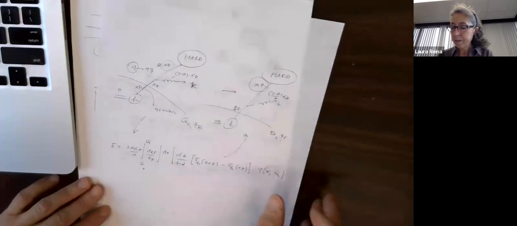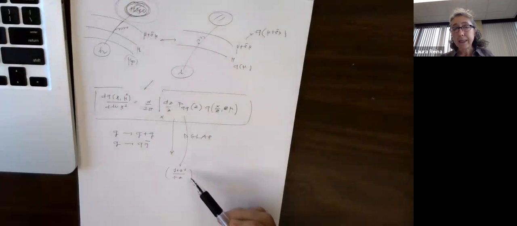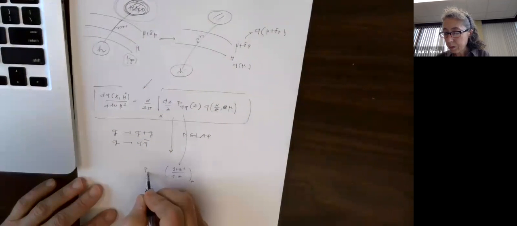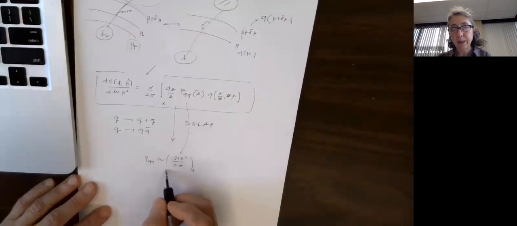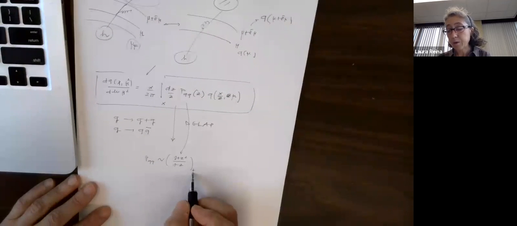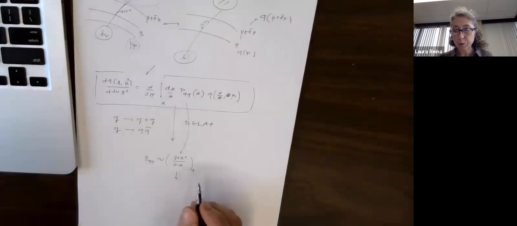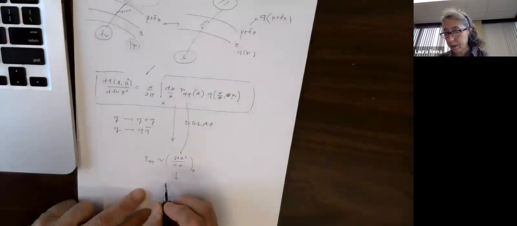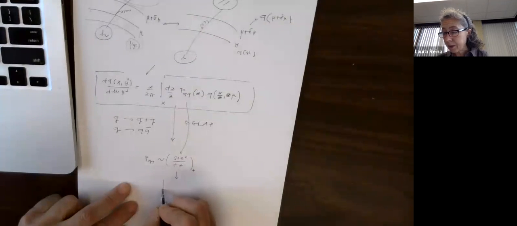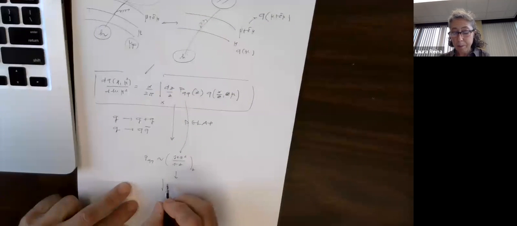The analytic form of the PQQ, apart from the color factor, is the one that I just wrote here on the paper, and is in terms of a plus distribution. You are probably familiar with it, but the plus distribution is just a distribution that you define by integrating.